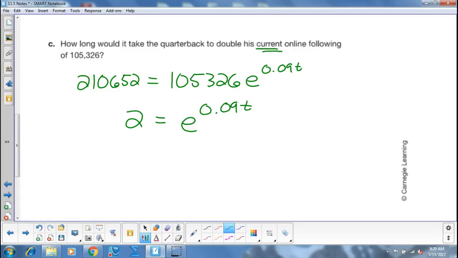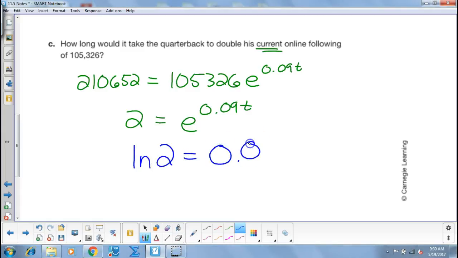Switch forms. So what does my switch form become? Natural log of 2 divided by 0.09, I get t here is equal to 7.7 months. Agree? Okay.